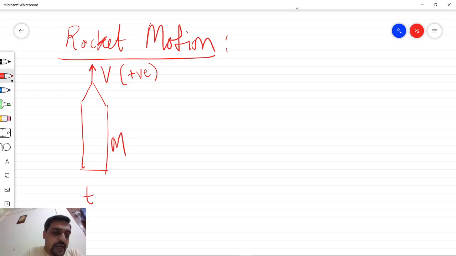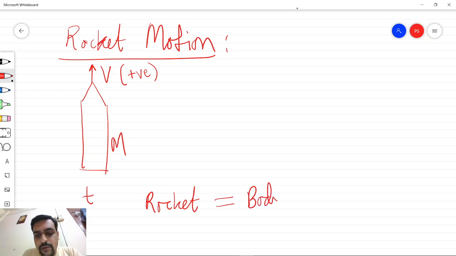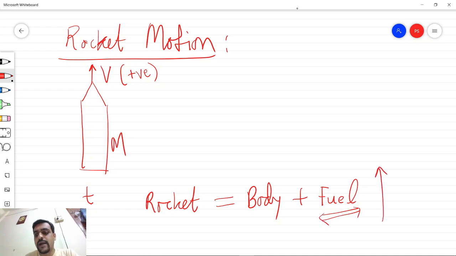Now in case of a rocket, we must remember that the rocket is a combination of two subsystems. One of them is the body of the rocket, and a significant fraction of mass is contributed by the fuel which burns and carries the rocket ahead.